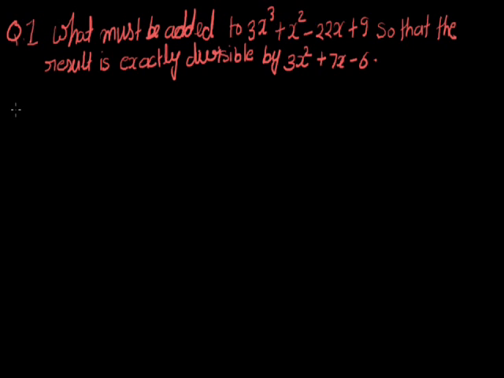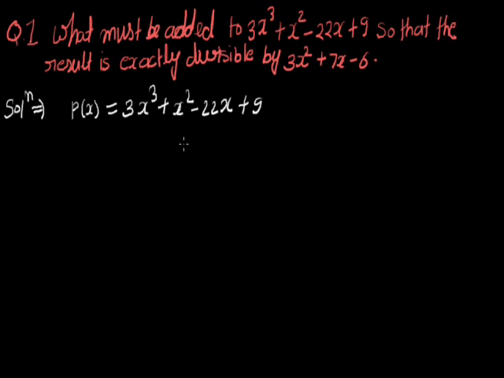Now let us come to the solution of this question. How will we solve it? Let the polynomial be p of x. If we denote this polynomial by p of x, then it can be written as 3x cube plus x square minus 22x plus 9.